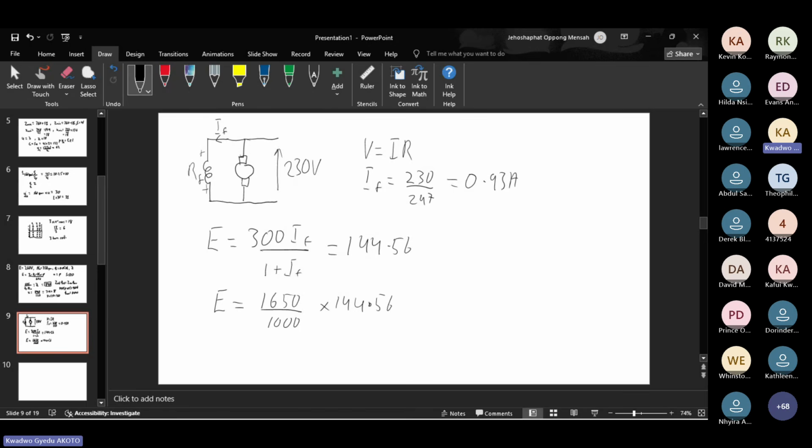What does this mean? All this means is that if everything is kept the same, and we have our E at 1,000 RPM being 144.56, then our E at 1650 is going to be more or less found by proportionality, right? Please, are we okay with that?